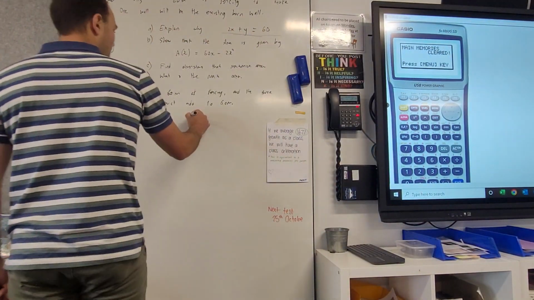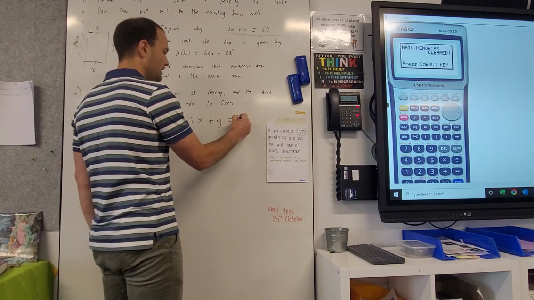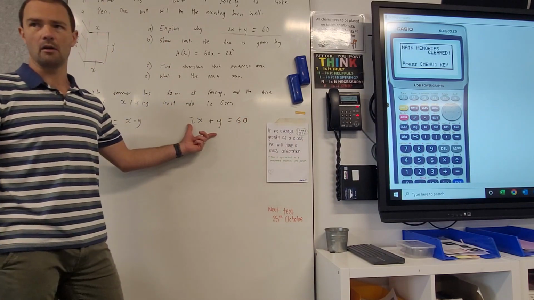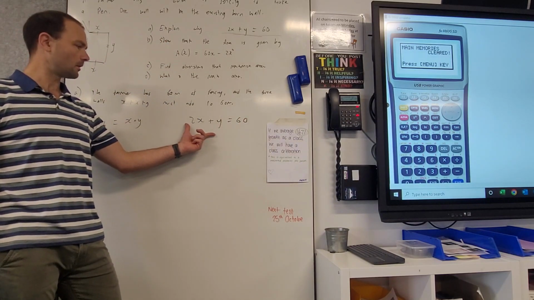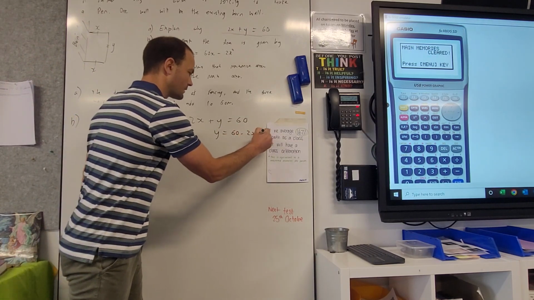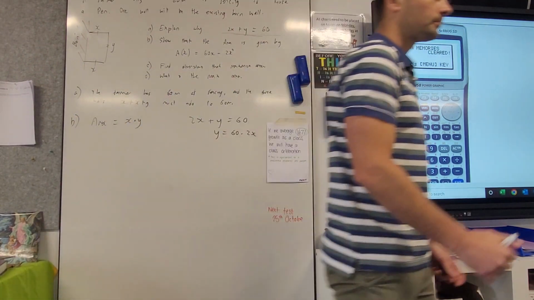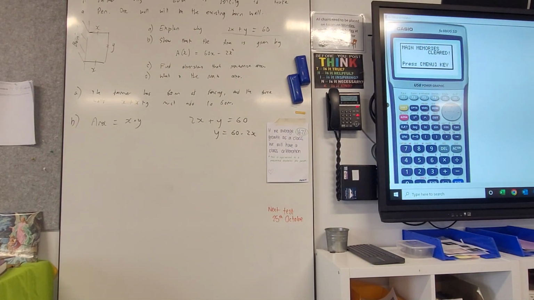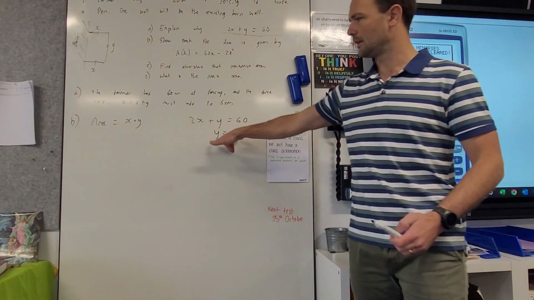So we're going to take that, 2x plus y equals 60, and rearrange it to get y by itself. We're going to have y is equal to 60, take away 2 lots of x. Okay, so we'll need that step. That's probably 1 mark, recognizing that we need y.